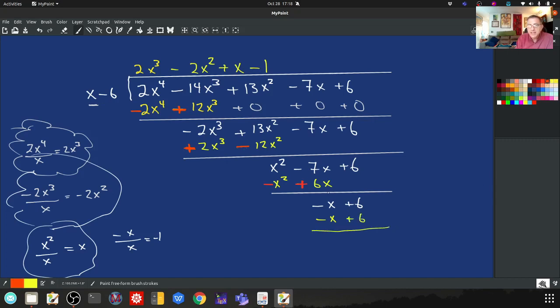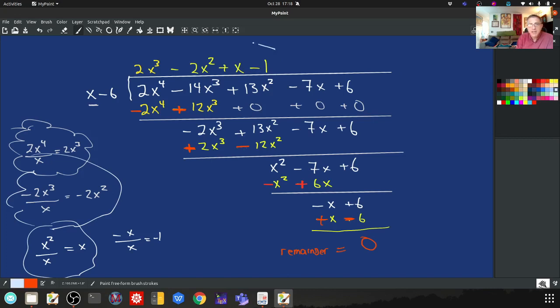And that's kind of nice because when I change my signs and add, I get 0. And that is my remainder. Remainder is equal to 0. So this is my answer right here.